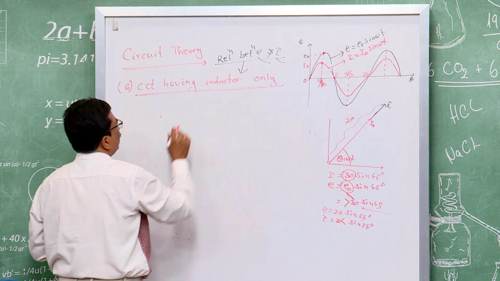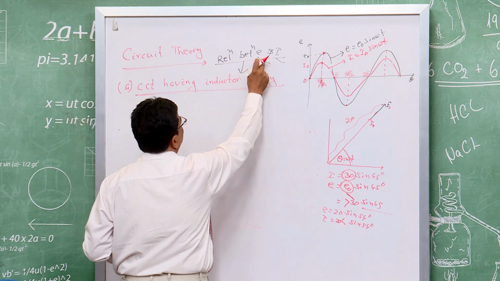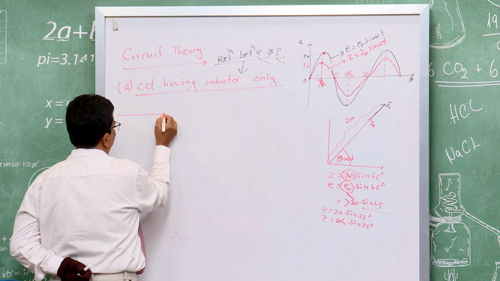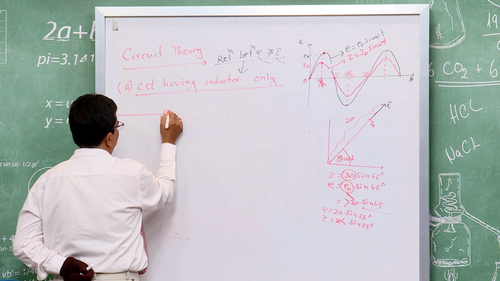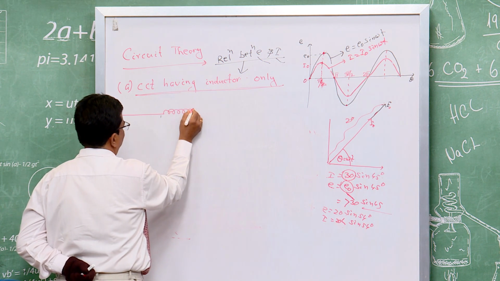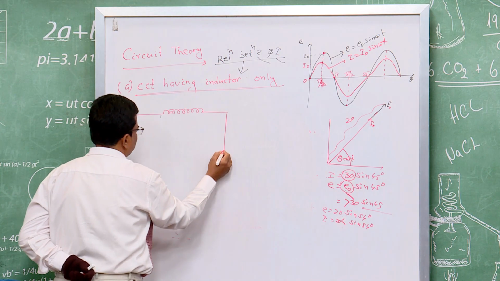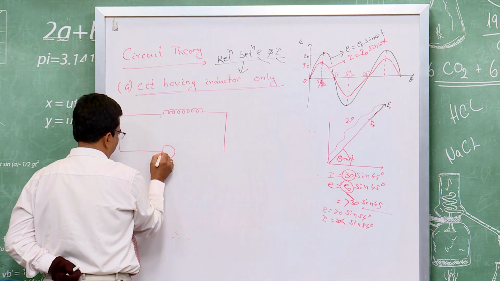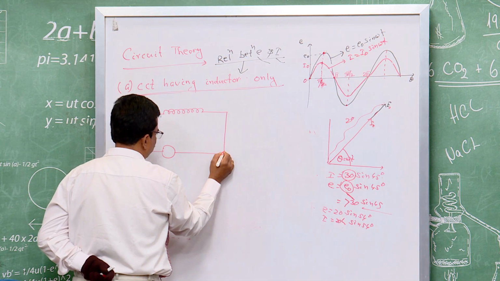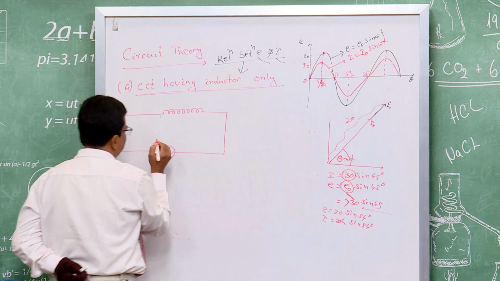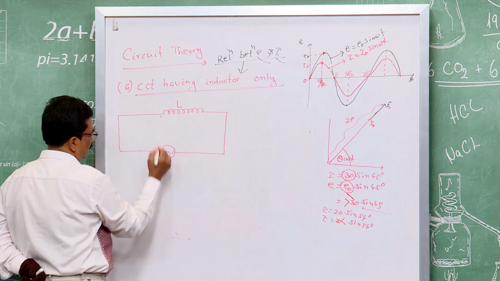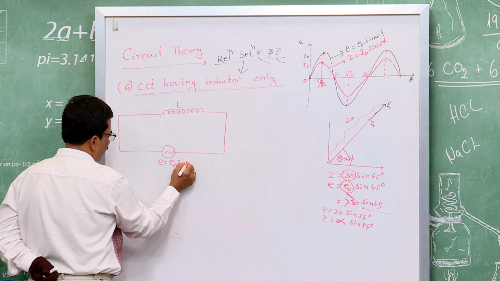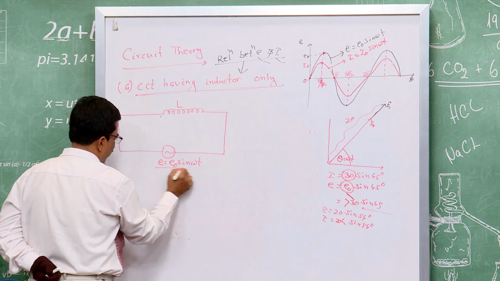If a circuit has an inductor, there we have to find the relation between E and I. This is the inductor connected with the alternating source. This is the alternating source. This is the inductor. So, here E is equal to E0 sin omega t, given.